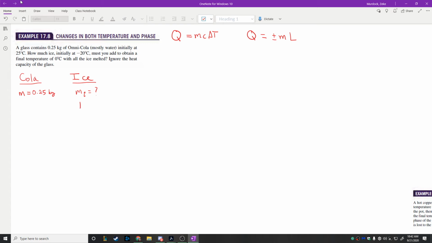We know the initial temperature of the ice is negative 20, and the water starts at 25 degrees Celsius. That's all we know, right? And we know in both cases that the final temperature is going to be 0 degrees Celsius. But in addition, all of the ice has to melt.